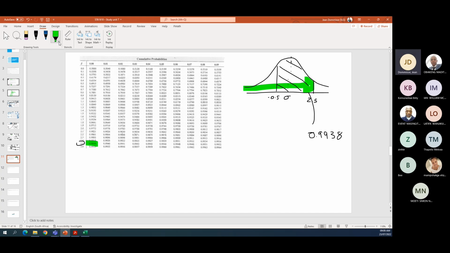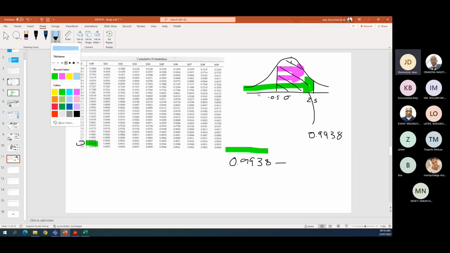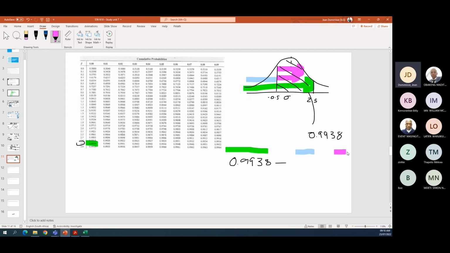If I want this purple area, I will need to say the green area, 0.9938, minus the blue area, which will give you the purple area.